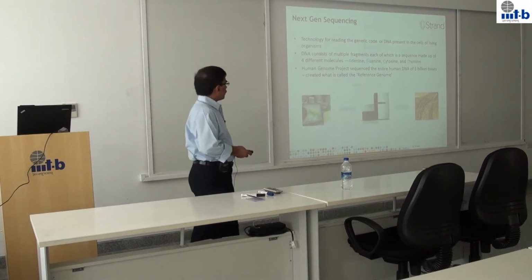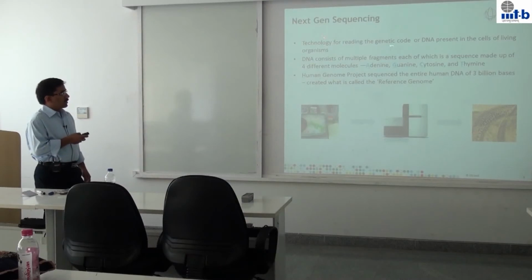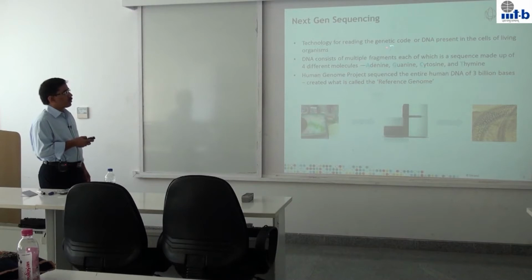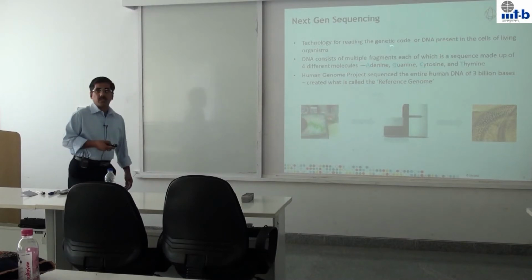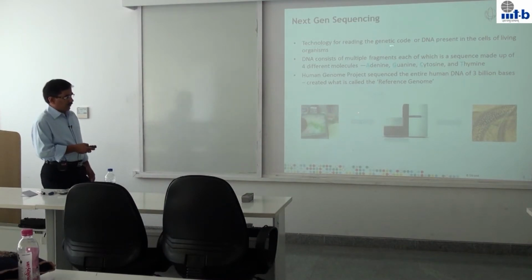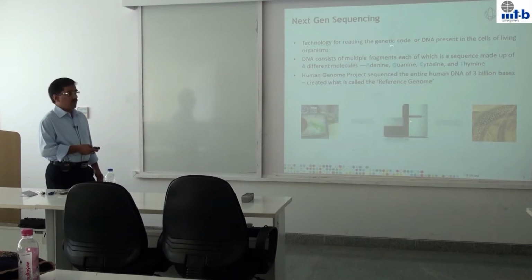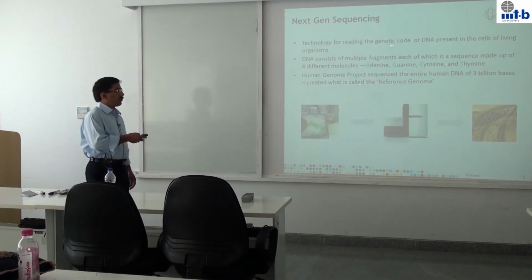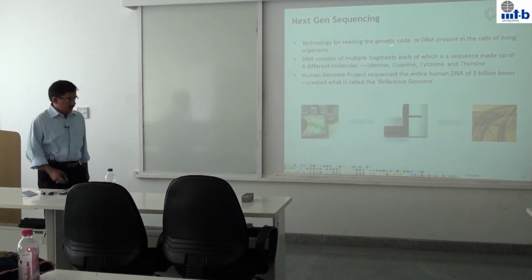NGS itself is the technology that is used to read this genetic code from the cells. We take the human or any organism's cells and pass them through a couple of lab preparations, and then a sequencing machine which will give us a sequence of these four characters.